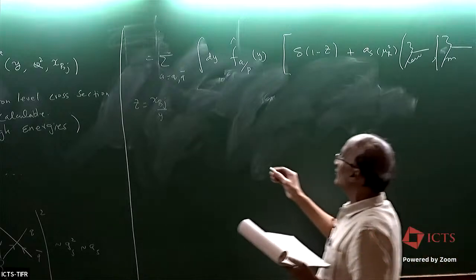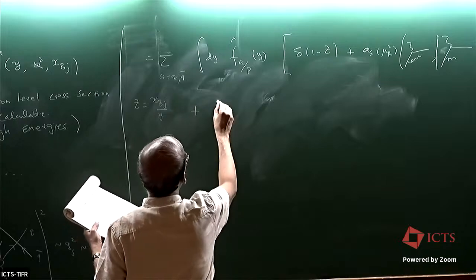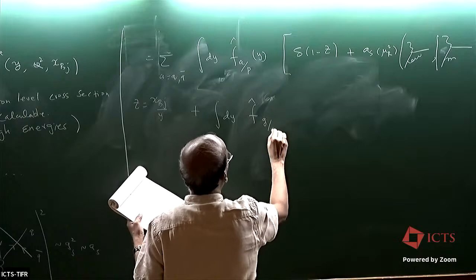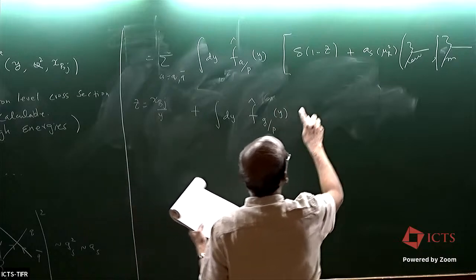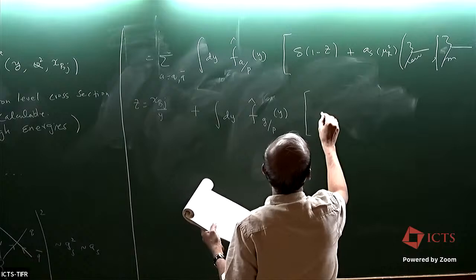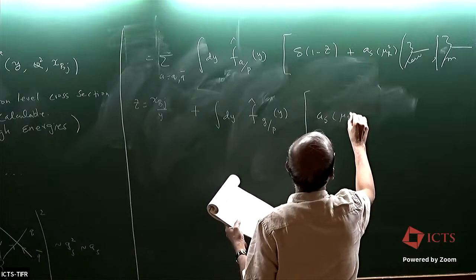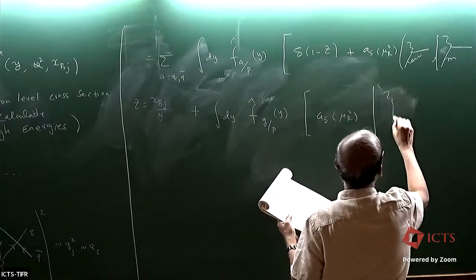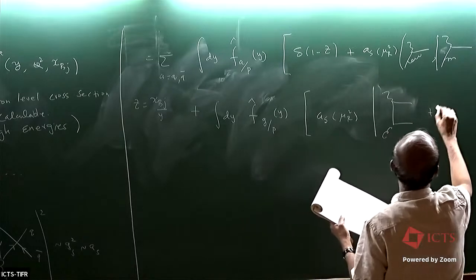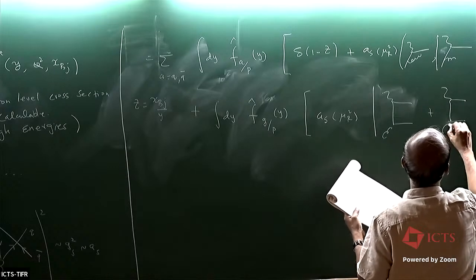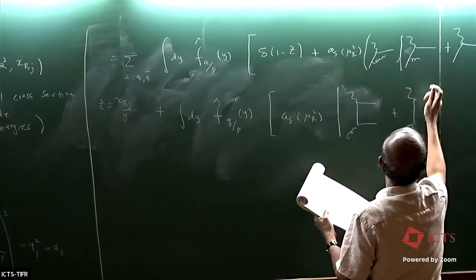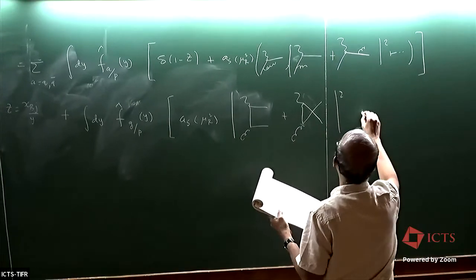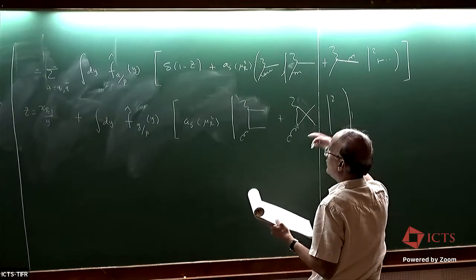Now you can have a gluon contribution. So I'll have to add a term which is dy f_gluon in proton, y. The gluon part starts at alpha_s of mu_r squared, times this diagram. So this is how it looks.